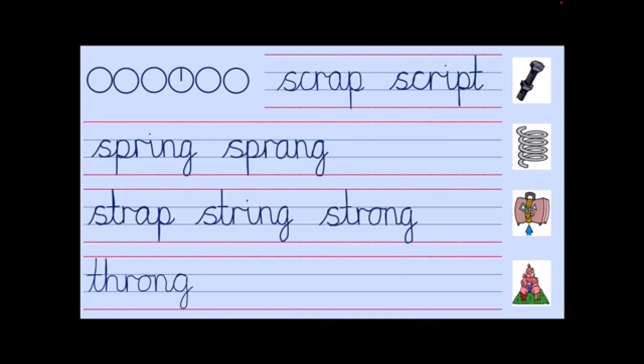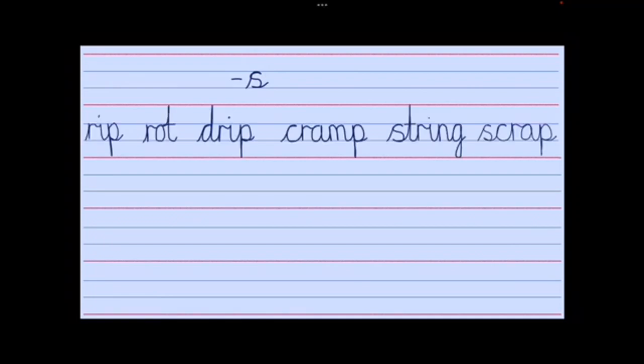When we get to the stage of really getting the hang of listening for sound and then writing the letter that you need, spelling gets a lot easier. Suffix S. We are going to add it to each of these words.